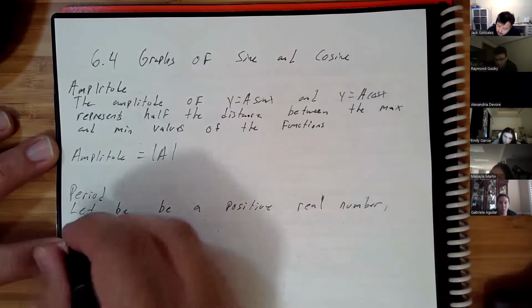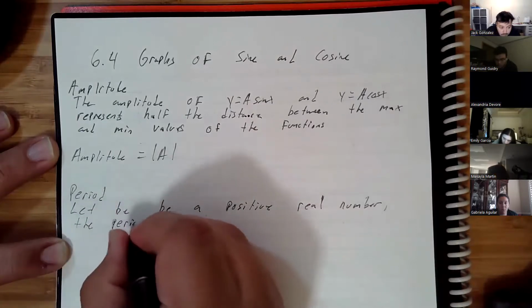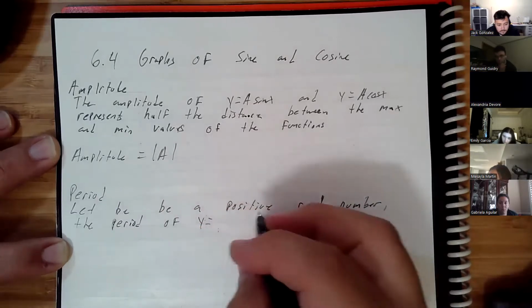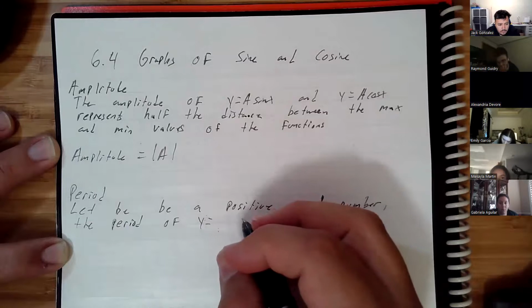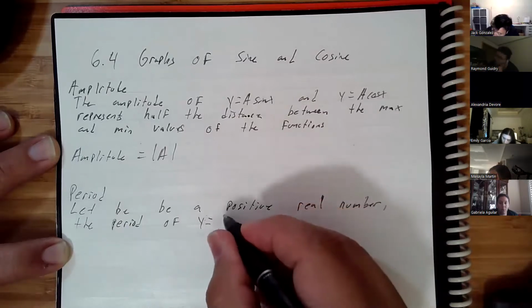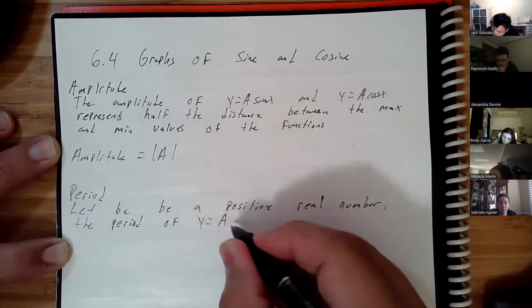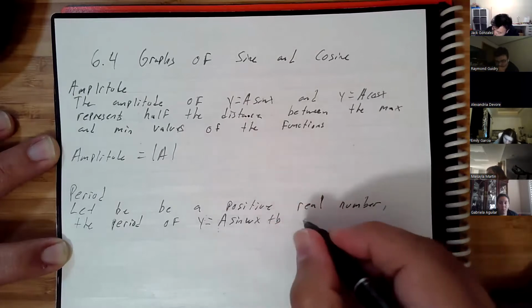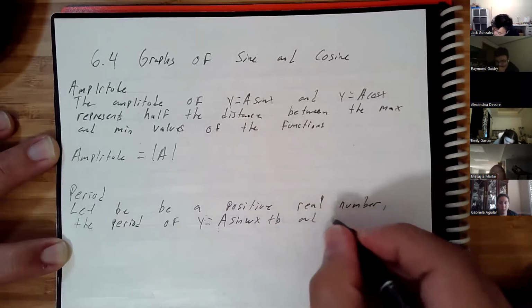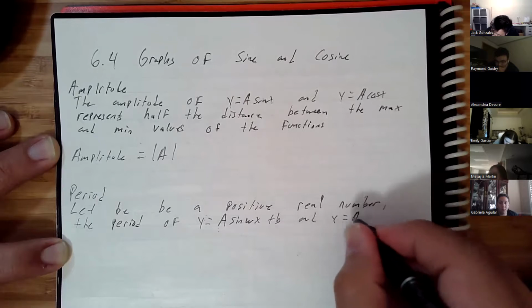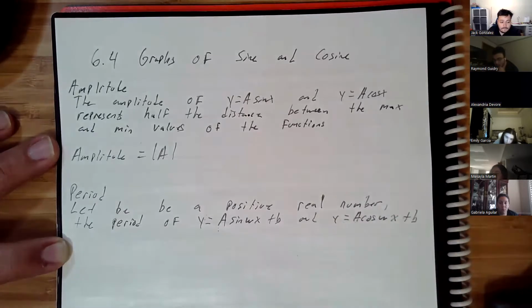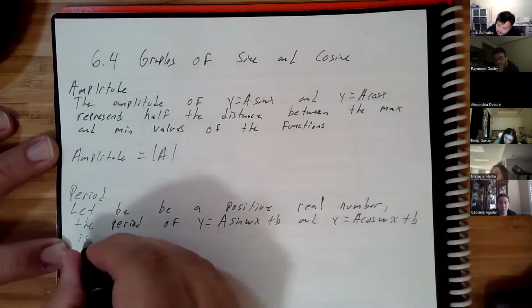The period of y equals a sine omega x plus b and y equals a cosine omega x plus b is the following.